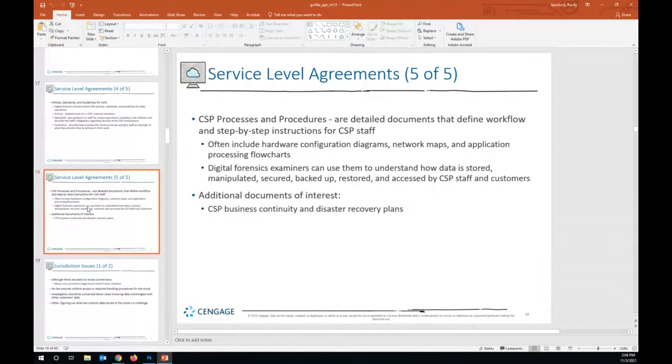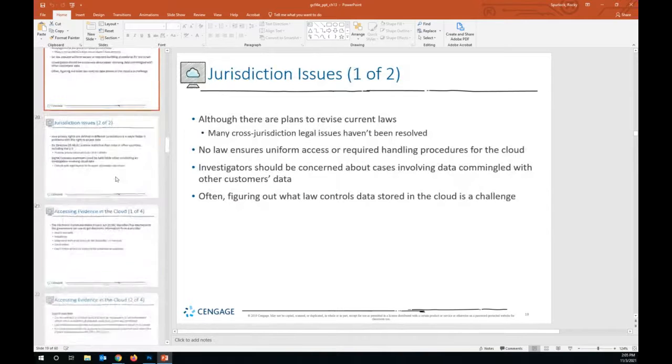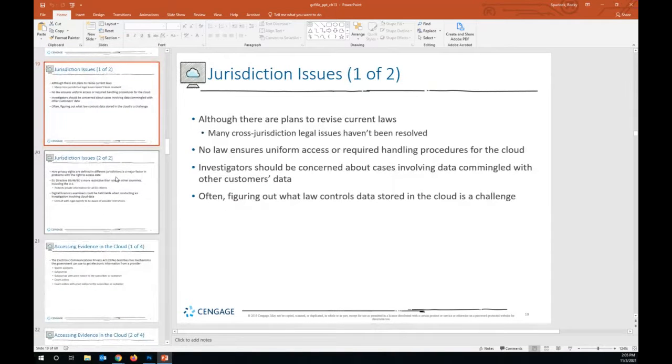One of the additional documents you may be interested in is the business continuity and disaster recovery plans. These plans can be helpful in recovering and analyzing data you need for your investigation. There's currently no law that ensures uniform access or required handling procedures for the cloud.